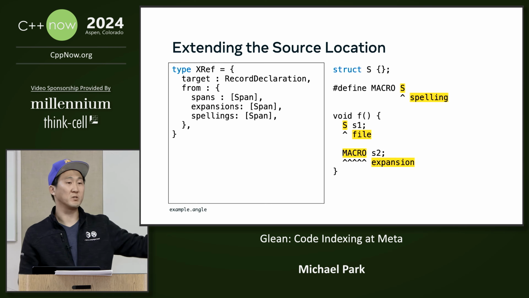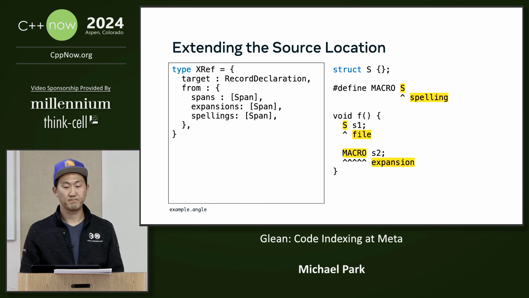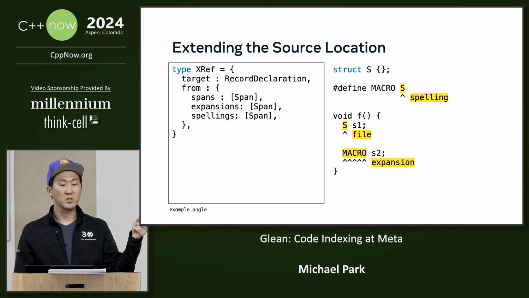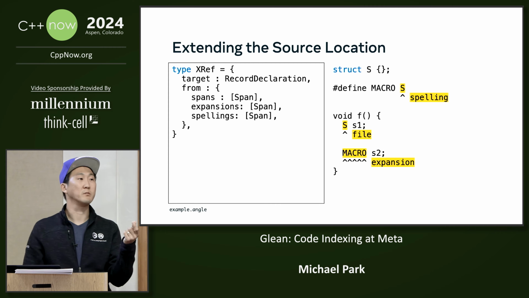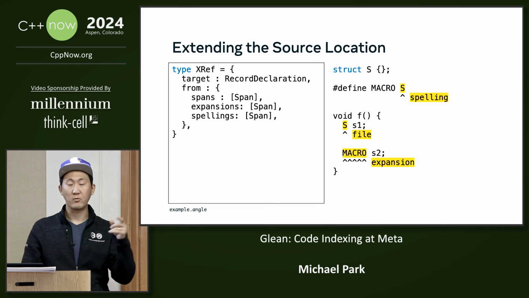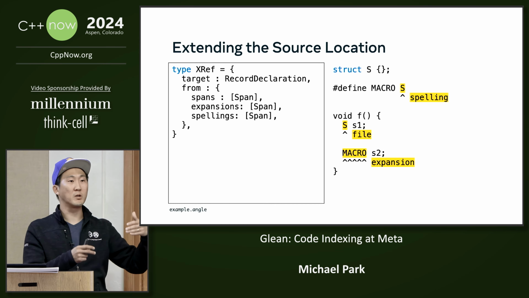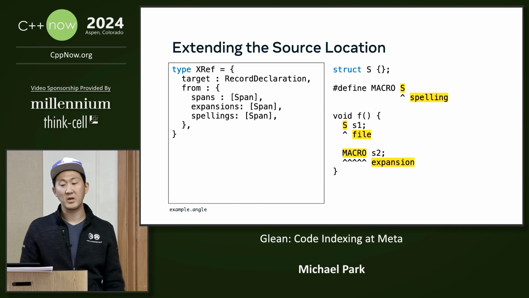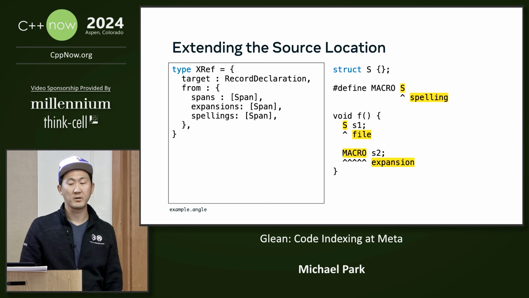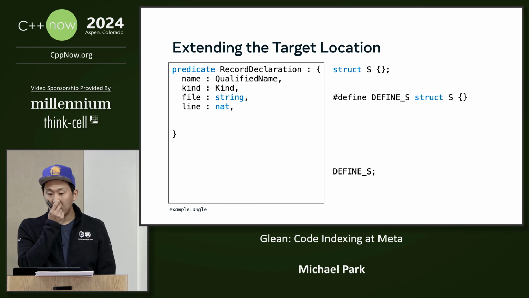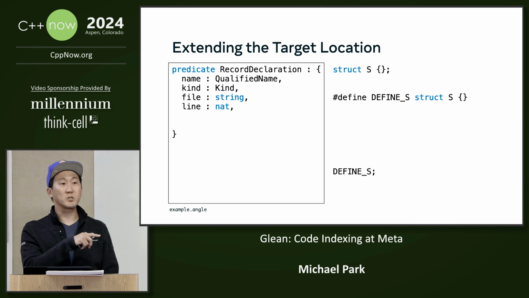You'll just have references from spans. Generally, you're going to have a one-to-one relationship between expansions and spellings, right? Wherever there's an expansion, there's going to be some spelling associated to it. So generally speaking, expansions and spellings will have the same length. So that's the source location.